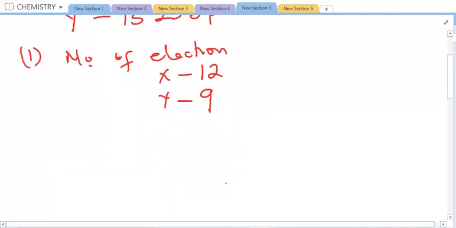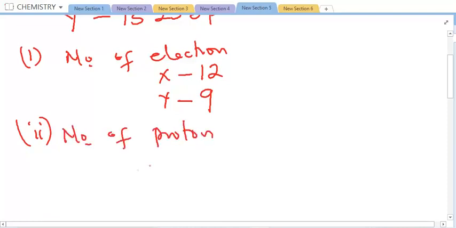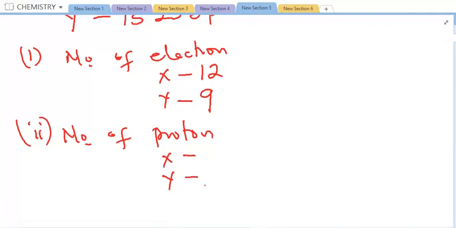So we have answered the first question. The second question: number of protons, for X, then for Y. Now, in our knowledge of the atom, we know that atoms are electrically neutral because the number of protons is always equal to the number of electrons. Anytime there is a difference in the number of electrons and protons, ions are formed.